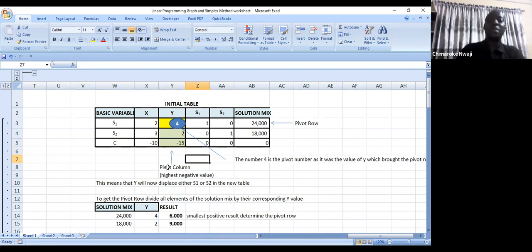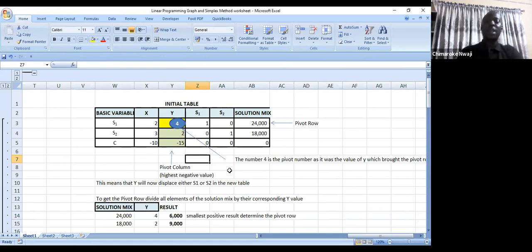The column name is Y. So column Y is the pivot column. What does pivot column mean? It means that this Y, the chief here, is going to replace one of the basic variables. It could be S1, it could be S2. But surely Y is going in as a new king.